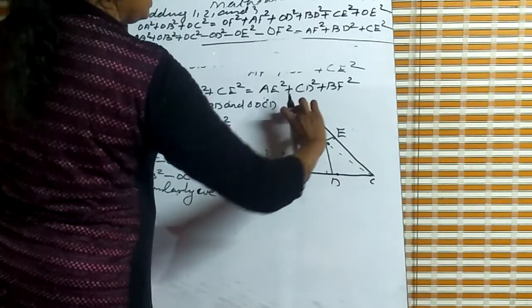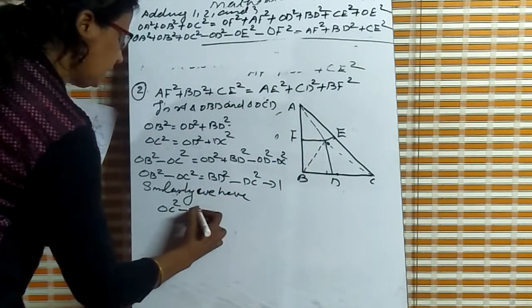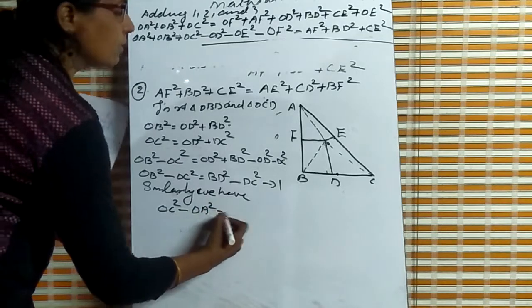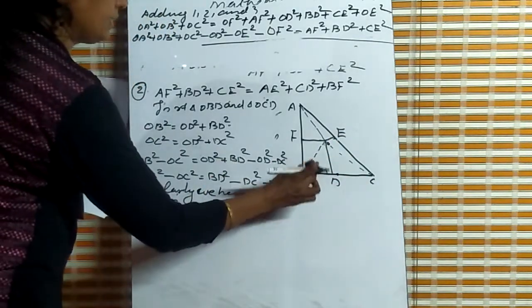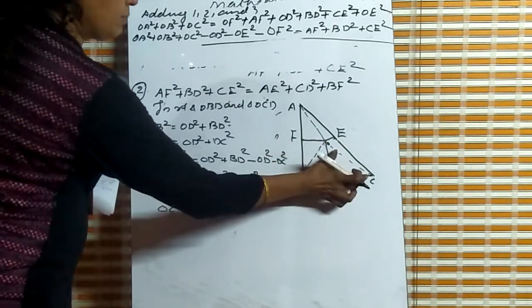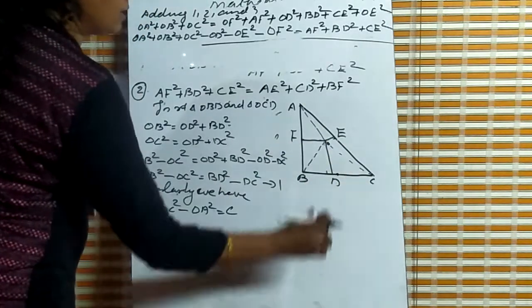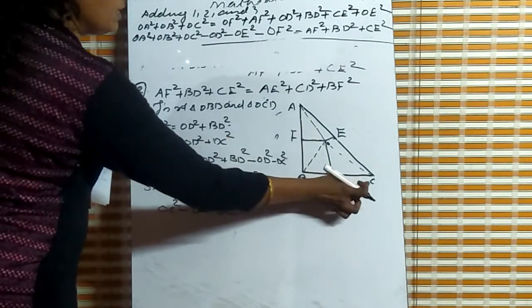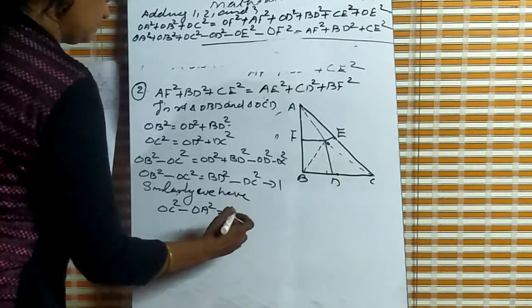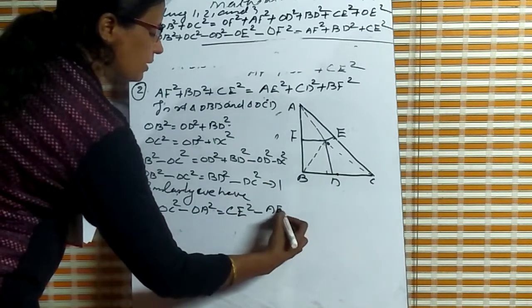Similarly, we can write OC square minus OA square is CE square minus AE square.